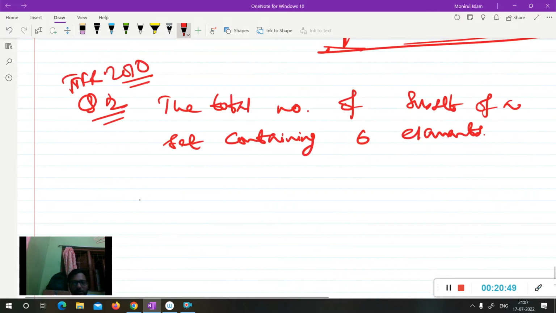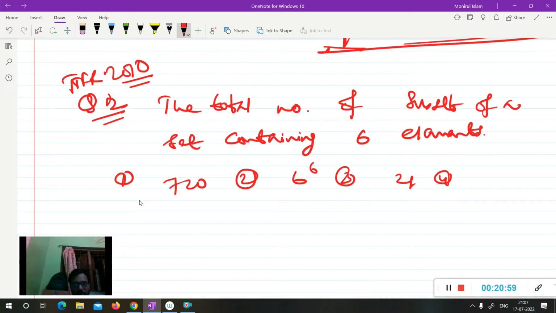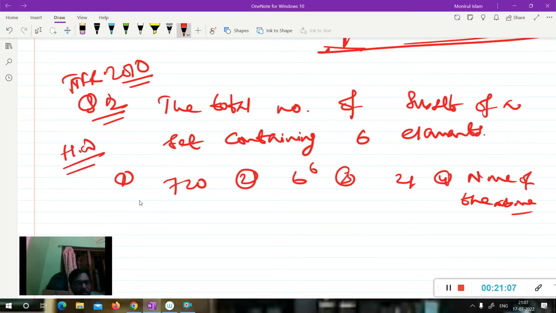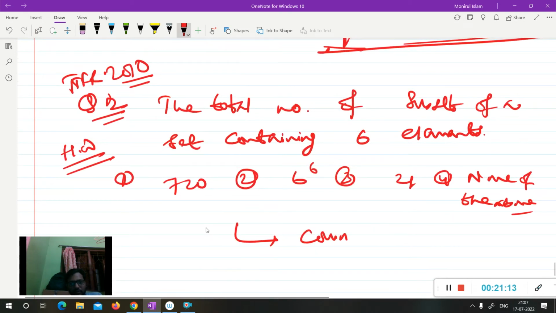The first option is 720, the second option is 2 to the power 6, the third option is 21, and the fourth option is none of the above. This is another homework. Please tell me the answer in the comment section.